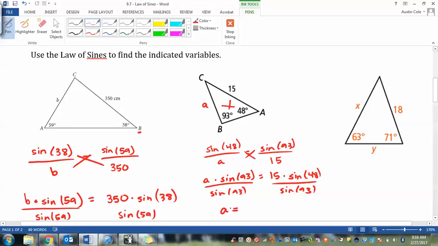Take 15 times the sine of 48 in our calculator, hit enter, and then divide that by the sine of 93. We get 11.16. Don't have a label there, we'll just leave it like so.